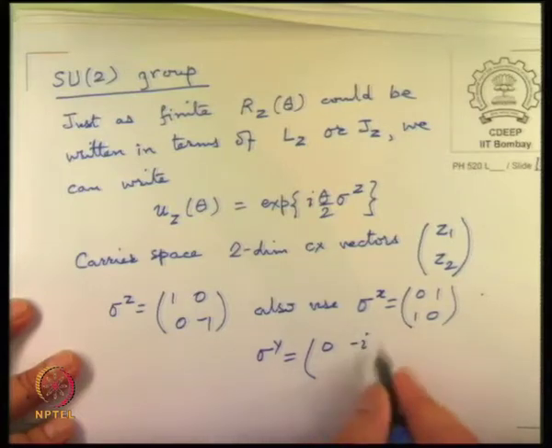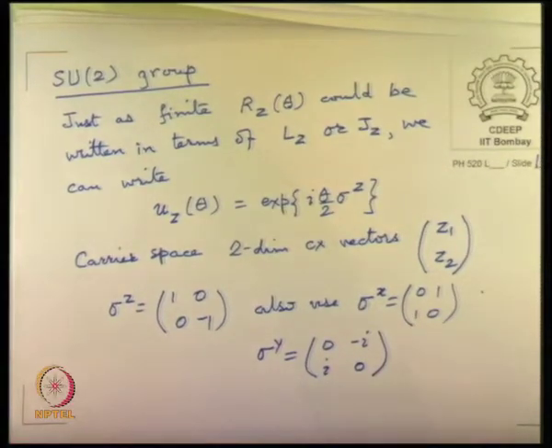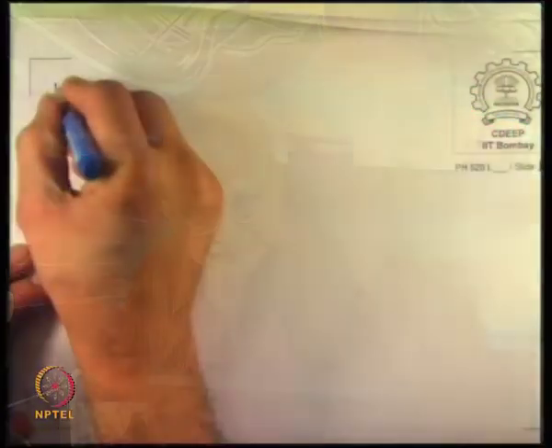There is minus I in the upper right corner. So we introduce matrices sigma X, sigma Y, sigma Z, and I claim that exponentiating them exhausts all of the group SU2.